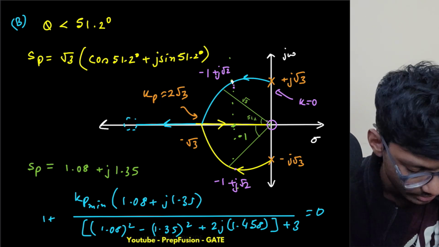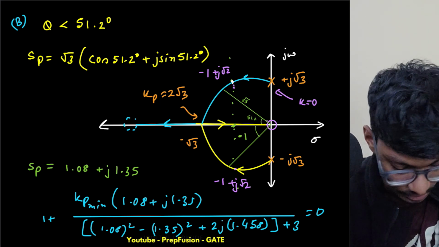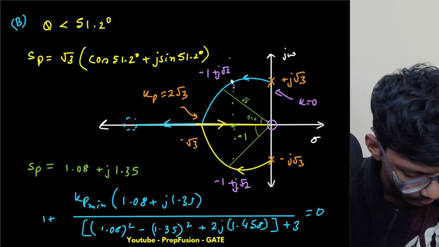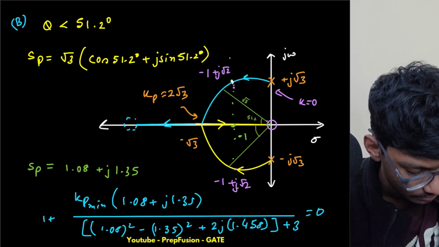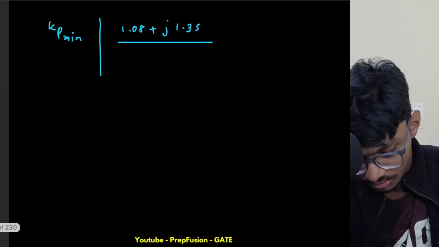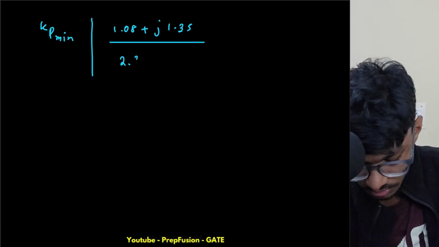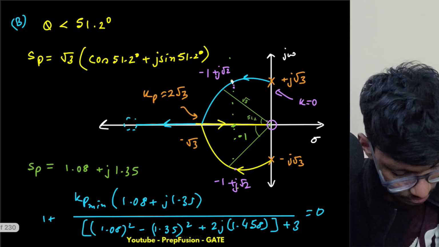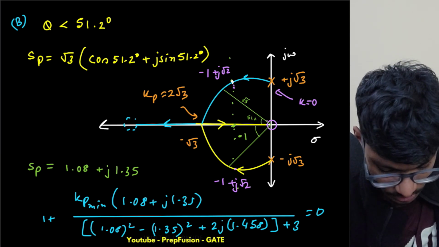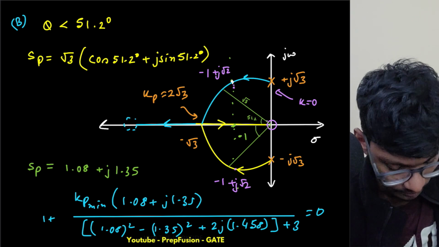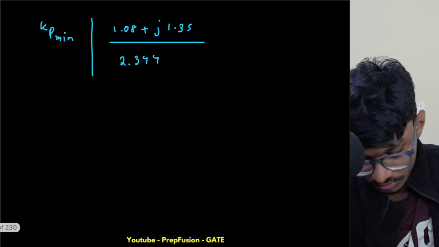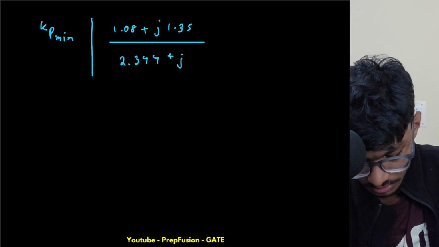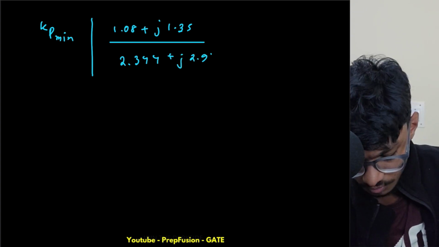This is more calculation intensive, and that is fine. You will learn a new method. Plus 3 is 2.344, and this is 2 times 1.458, plus j 2.916.